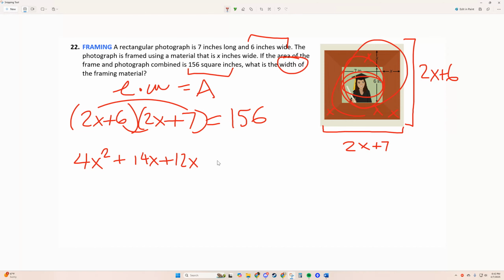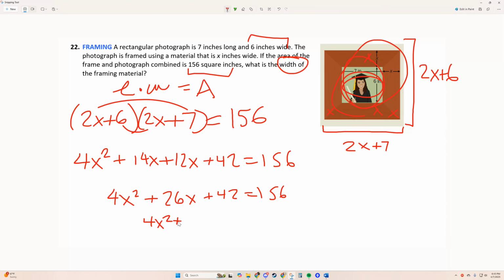So 4x squared plus 12, 14, 26x plus 42 equals 156. 4x squared plus 26x minus 112 equals 0.